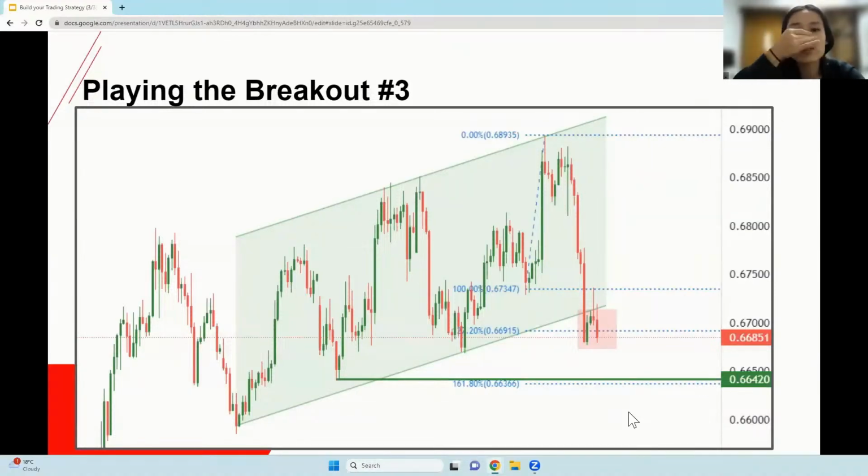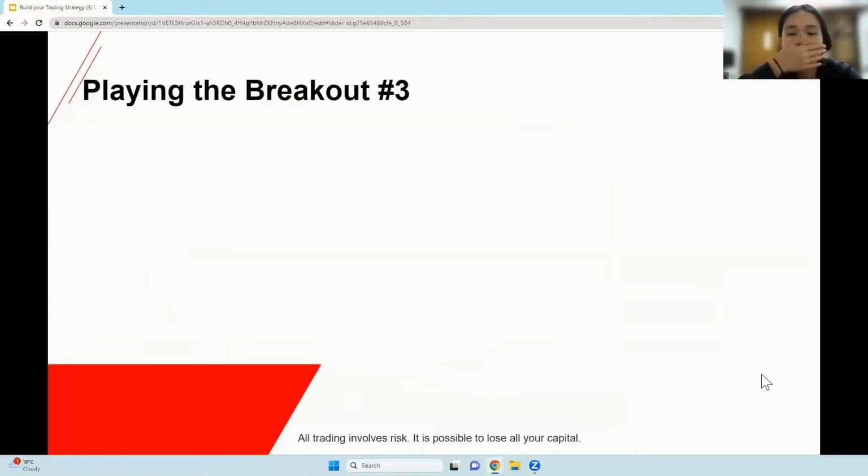So we see the 127.2% level. That's where price is at now. And the 161.8 is at this swing low support here at 0.66420. So we're expecting price to break out of this 127.2 and continue heading towards our 0.66420 level.